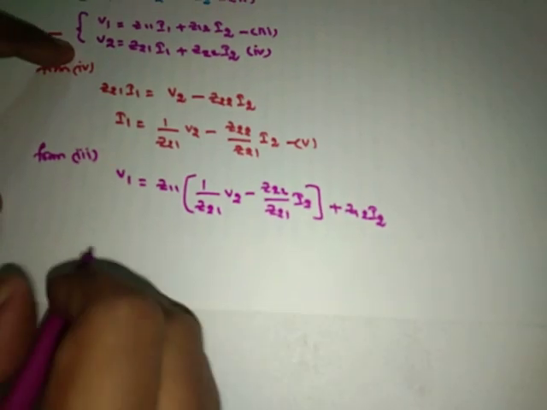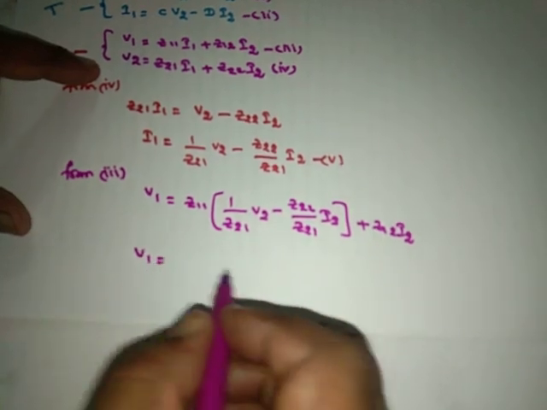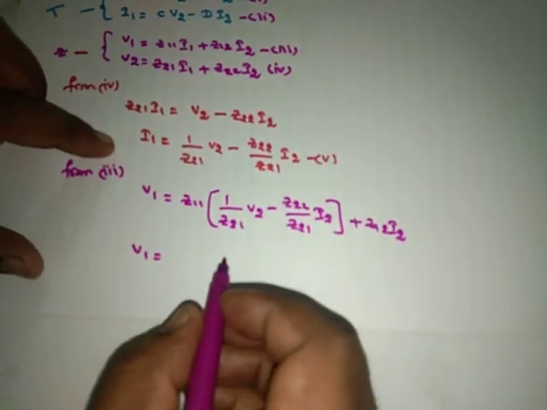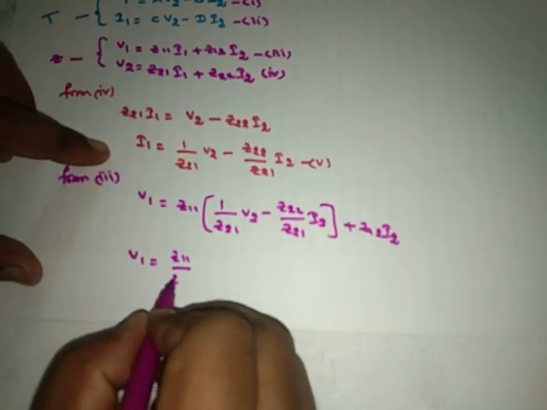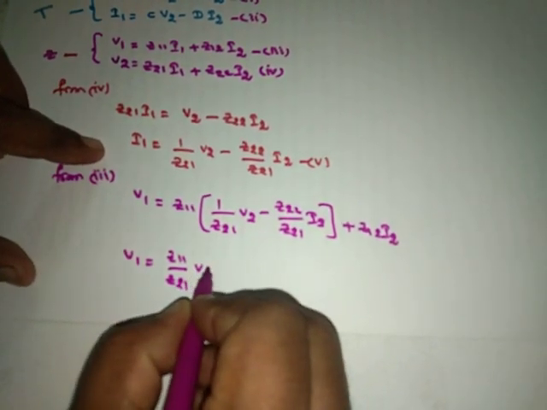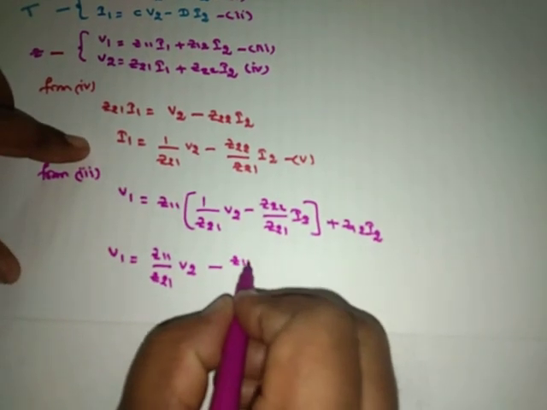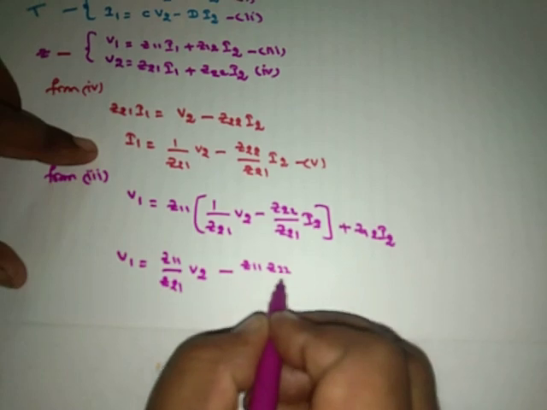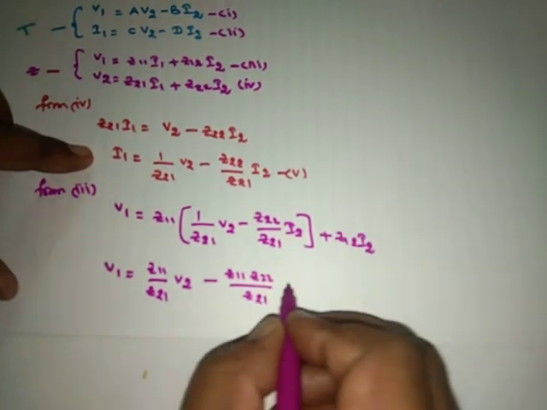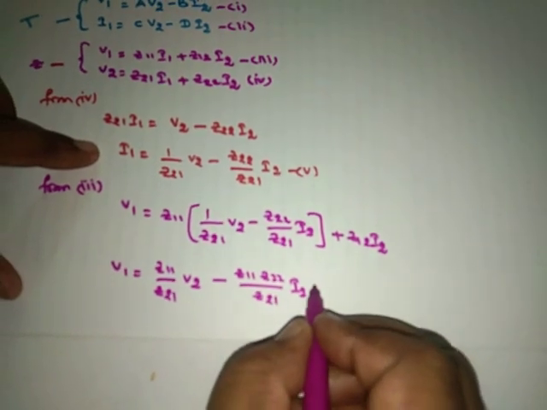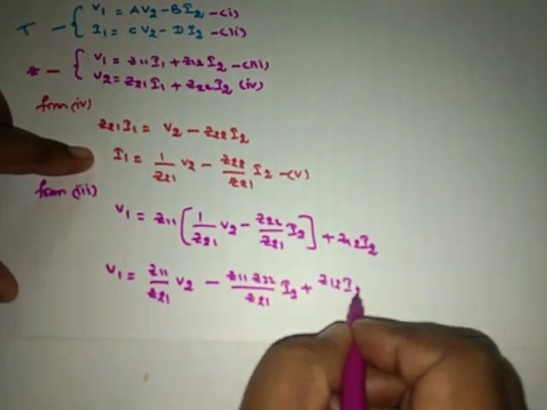Simplify this one. V1 is equal to Z11 by Z21 V2 minus Z11 Z22 by Z21 I2 plus Z12 I2.